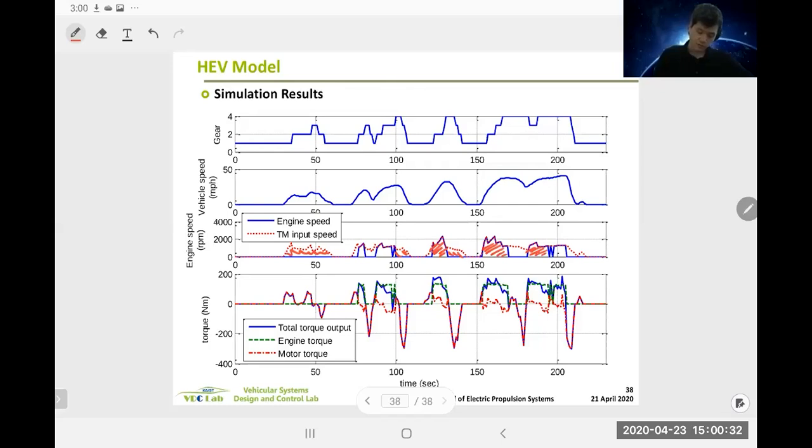When engine torque is higher than total torque, you can recharge and use that energy later. Note that engine torque is relatively flat. We'll see more about this later.